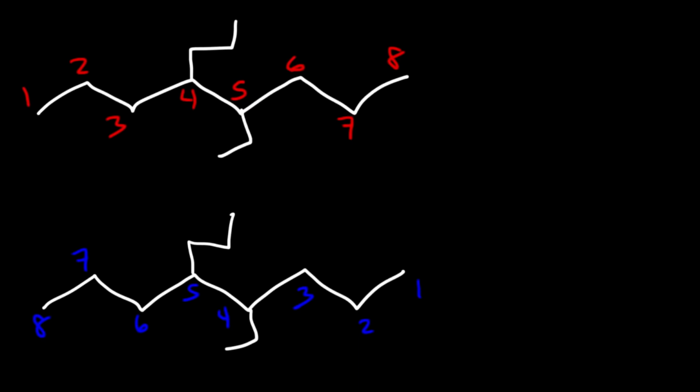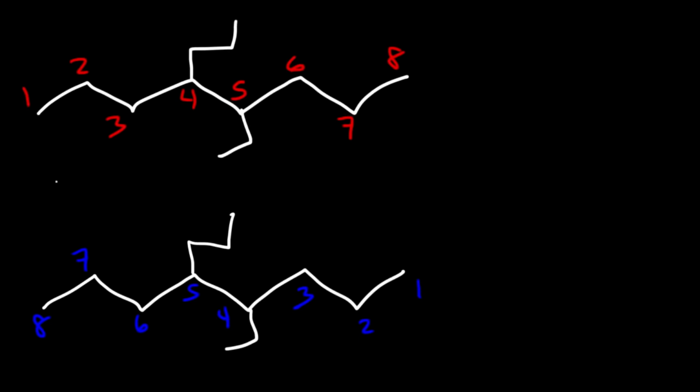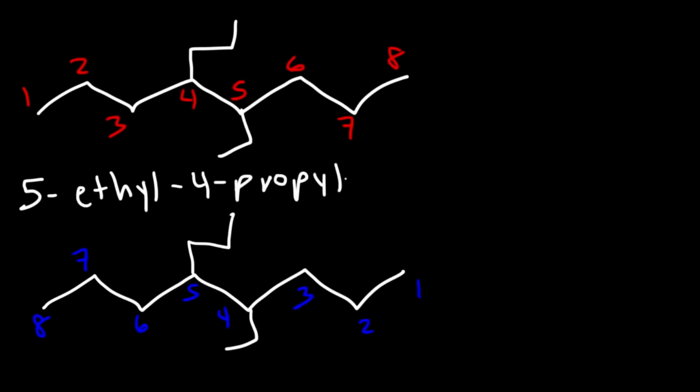So ethyl comes before methyl. I mean, not methyl, but, well, it does come before methyl, but in this example, ethyl comes before propyl. So naming this molecule based on the way it's counted, it's going to be called 5-ethyl-4-propyl, and there's 8 carbons in the parent chain, so that's going to be octane.